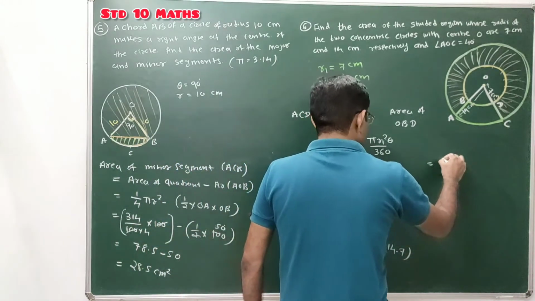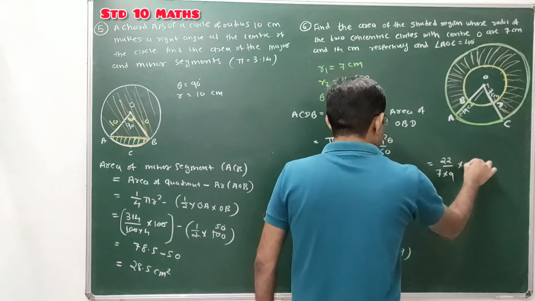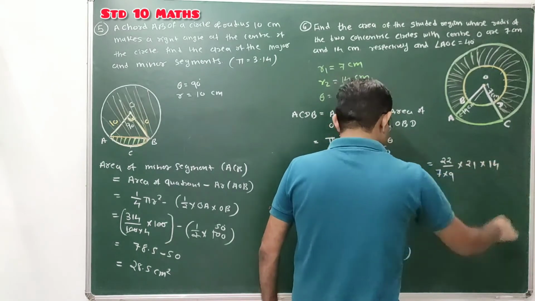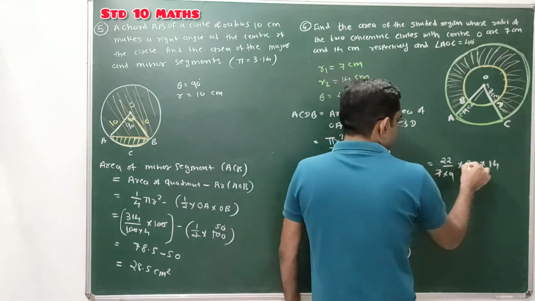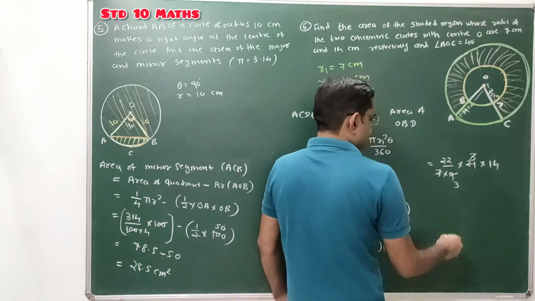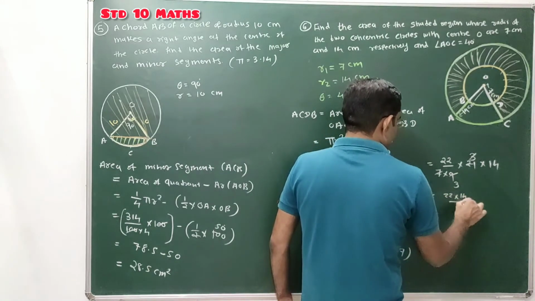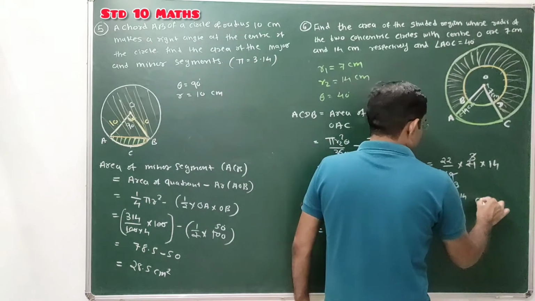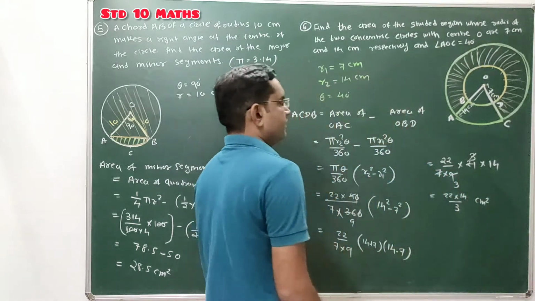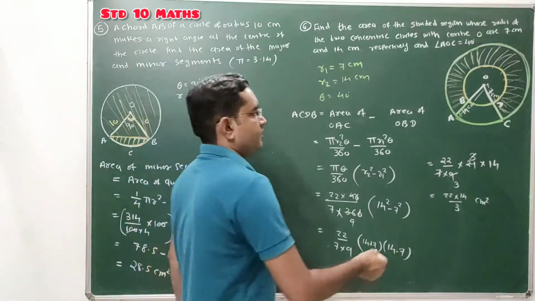So this is equal to 22 upon 7 into 9 into 21 into 7. 7 3s are 21, 3 3s are 9. So this is equal to 22 into 7 by 3 centimeter square. This is the area of ACDB.